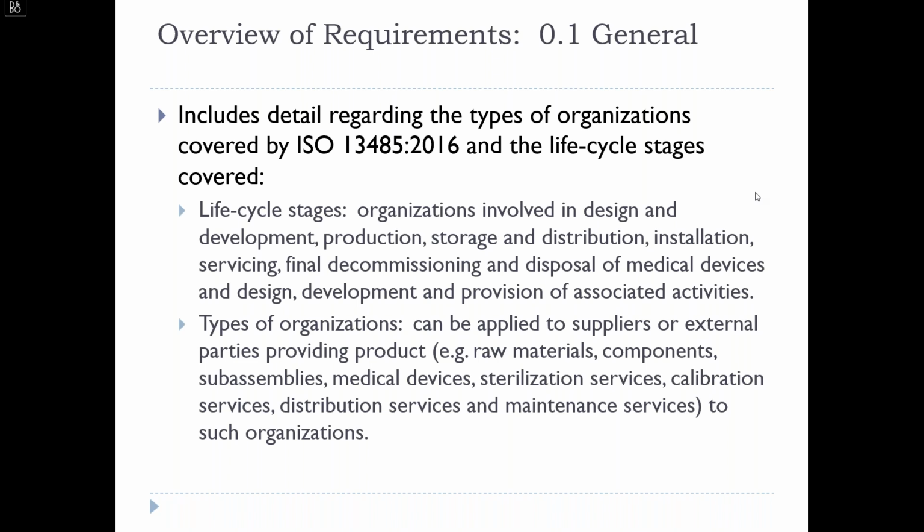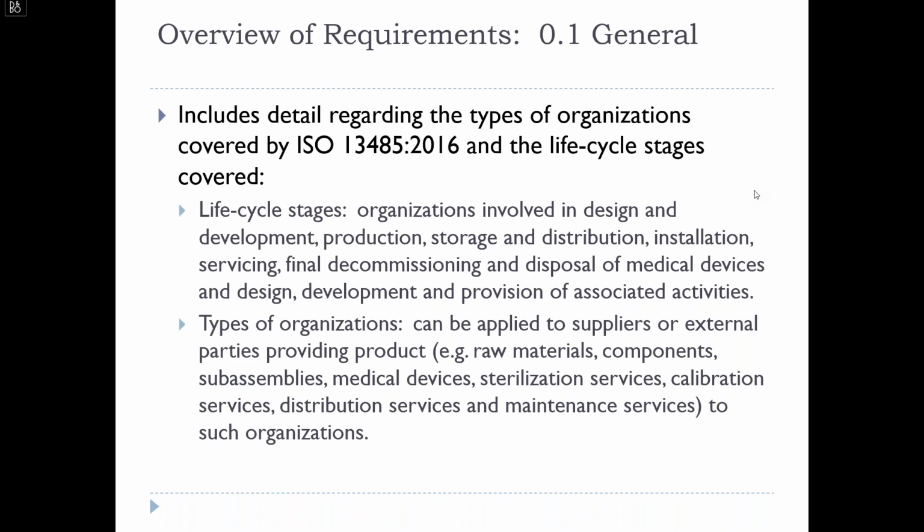So organizations involved in design and development as well as production, but also storage and distribution, installation of devices, maybe active monitoring systems, for example, final decommissioning and disposal of medical devices, and design, development, and provision of associated activities, perhaps a design service, perhaps a sterilization or sanitization service.